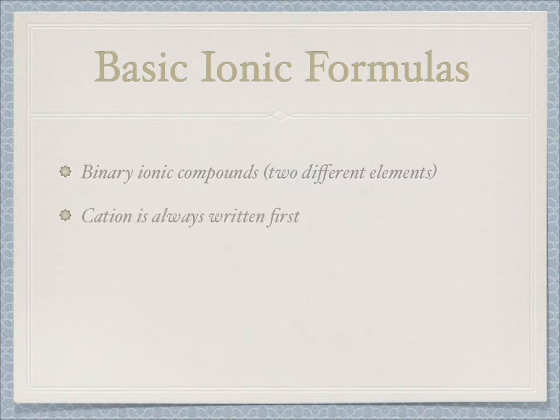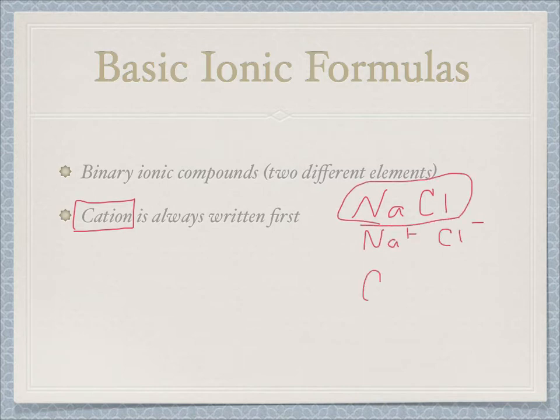When we do binary compounds, we always write the cation first. Star that. Because if you put them backwards, it's going to be wrong. In other words, we write it NaCl because Na is our plus and Cl is our minus, and we write them cation first. If you write ClNa, despite it being the right ratio, that's going to be wrong.